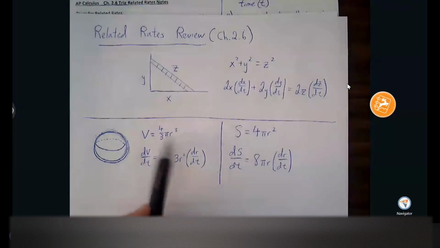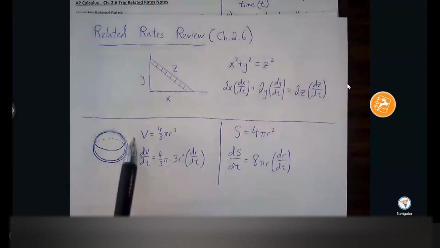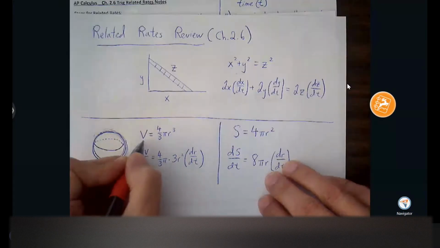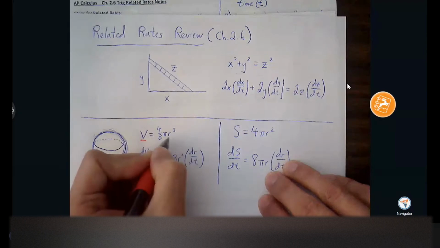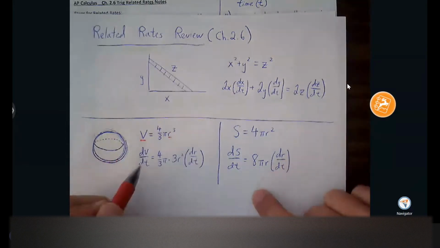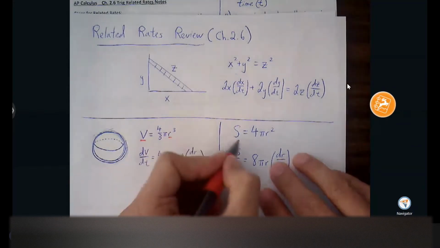Similarly, we have problems involving geometric equations, such as volume of a sphere or surface area of a sphere. And the idea is the same. We identify the variables, and then we find the derivative of those variables, and each of those variables is going to have a d over dt attached.